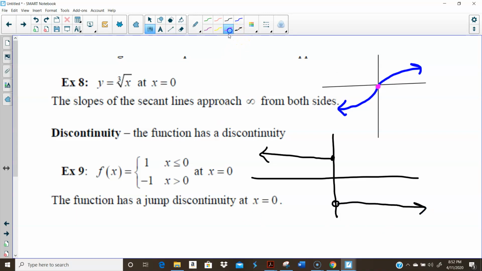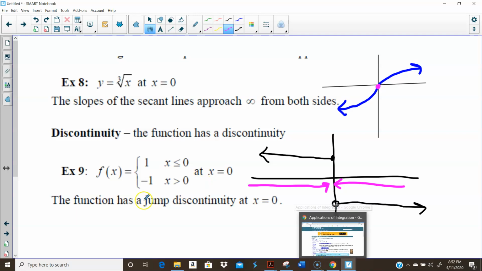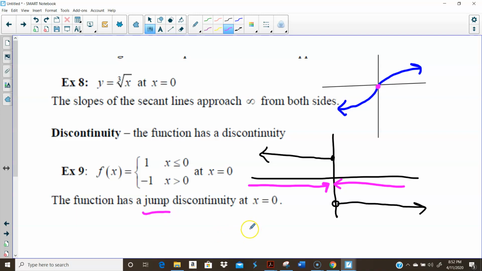Remember that as I approach from the left, the limit is going to be up here, but as I approach from the right, the limit's going to be down here. Because of that, the function jumps. Anytime the function jumps, you're not going to be able to differentiate. So there's no derivative for functions that jump.